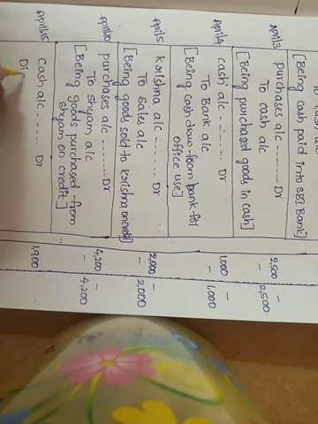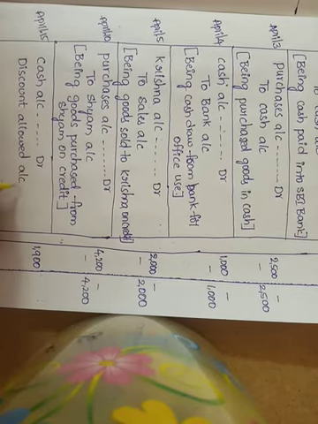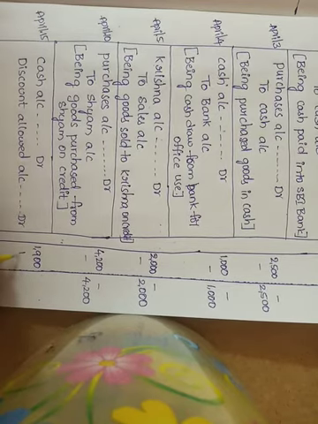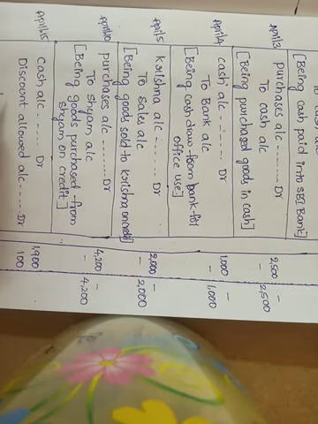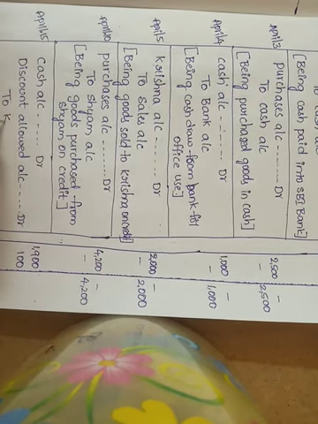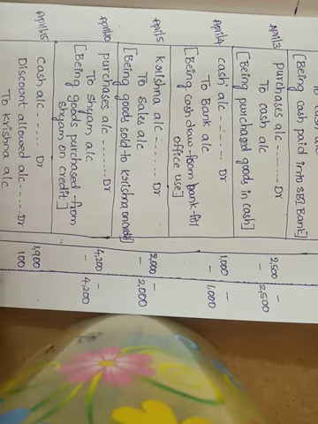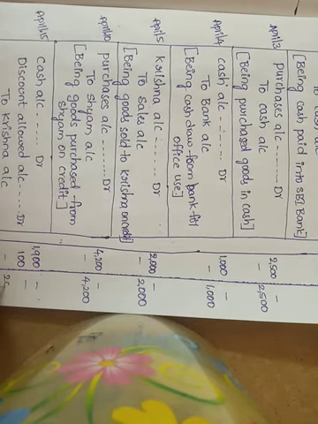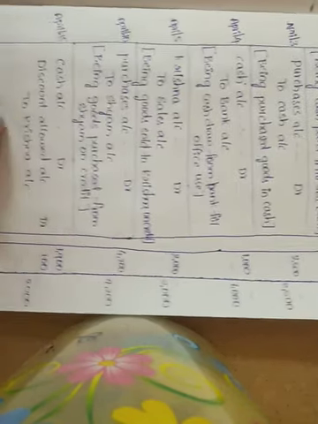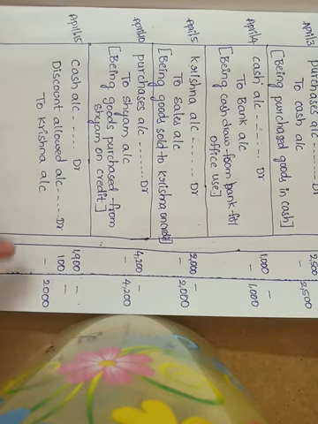Cash account debit 1900, discount allowed account debit 100, to Krishna account 2000.